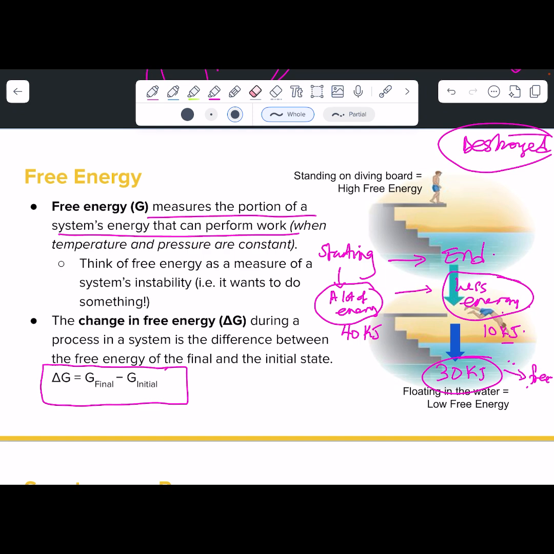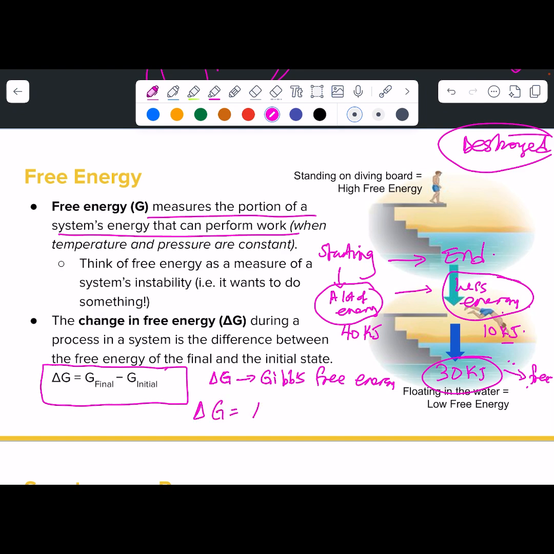So in order to understand whether a reaction is going to give off energy or it's not going to give off energy, we just calculate the change in energy, which we call delta G. G stands for Gibbs, the guy who first studied all this. Actually, it stands for Gibbs free energy because he's the guy who was studying all these energy transformations. So it's very simple.